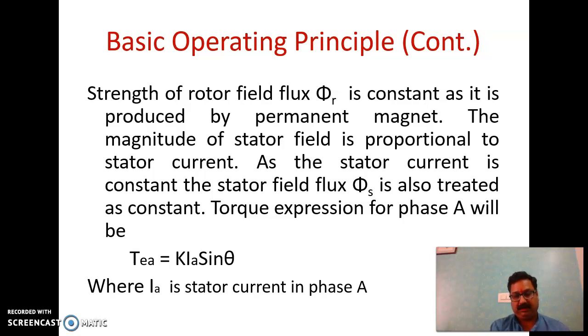Suppose the current is constant over time, phi s will also be treated as constant. So the torque expression can be like this. The equivalent torque expression for phase A will be proportional to current in phase A winding and sine of theta. And similarly, we can determine the equivalent torque for phase B and phase C.